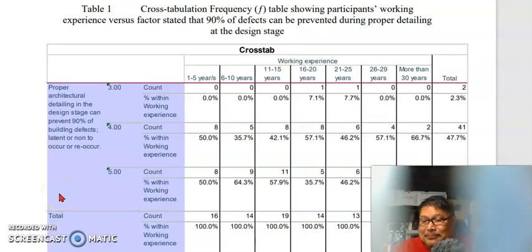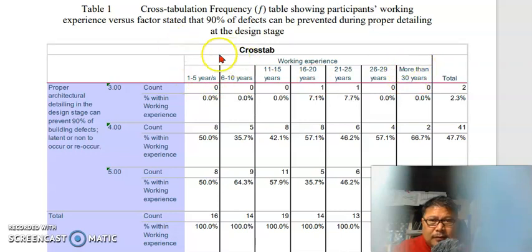Okay, let's continue. Move on to the next one here, which is under cross tabulations, on the frequency table showing the participants' working experience in here. So you have 1, 2, 3, 4, 5, 6, 7 divisions, from 1 to 5 years up to more than 30 years.